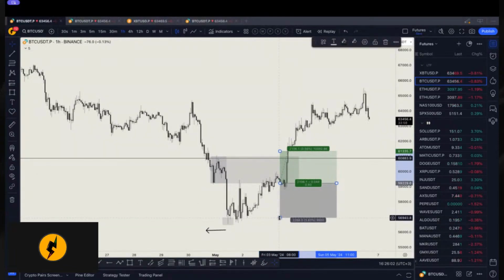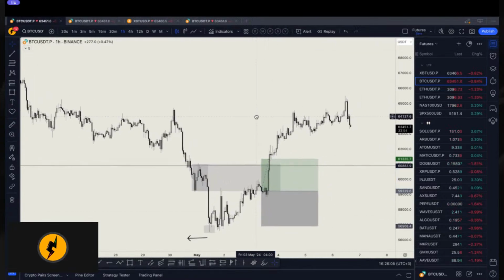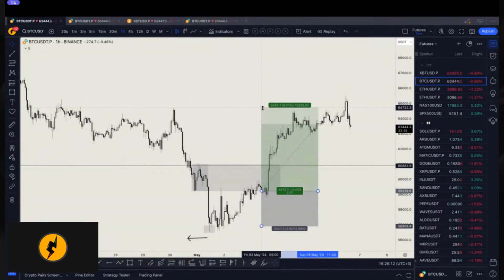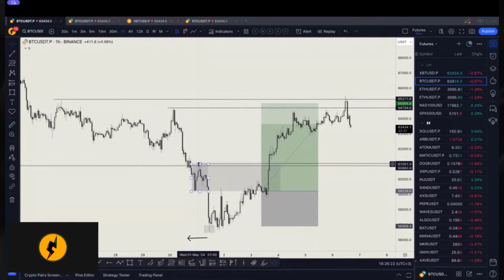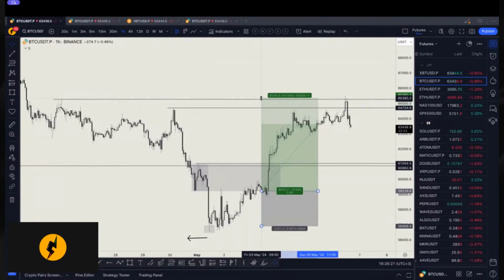I know it might be a little bit complicated, but I should probably do a stream about the stop losses. Now my take profit level is basically the liquidity zones to the other side. This is the first one. This is the second one. This liquidity zone. So I TP here, I TP here, and I TP here.